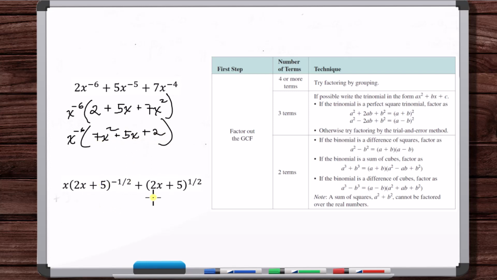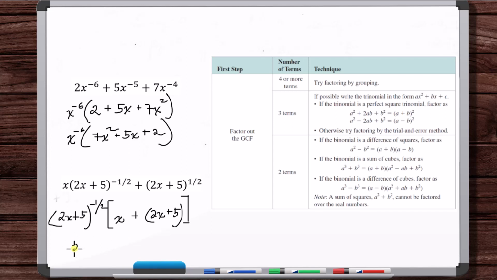Okay? Same idea here. Let's try factoring out a 2x plus 5 to the minus 1/2. You get x plus 2x plus 5 to the first, right? Distribute this and you'll get this back.